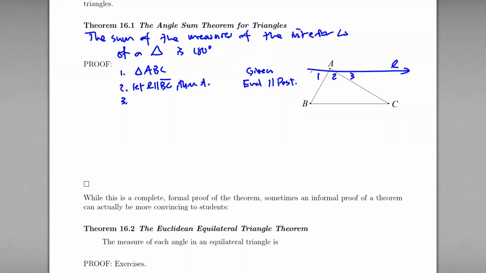But the measure of this larger angle is given by the measure of angle 1 plus the measure of angle 2. So overall, the measure of angle 1 plus the measure of angle 2 plus the measure of angle 3 is equal to 180 degrees, by the supplementary postulate.